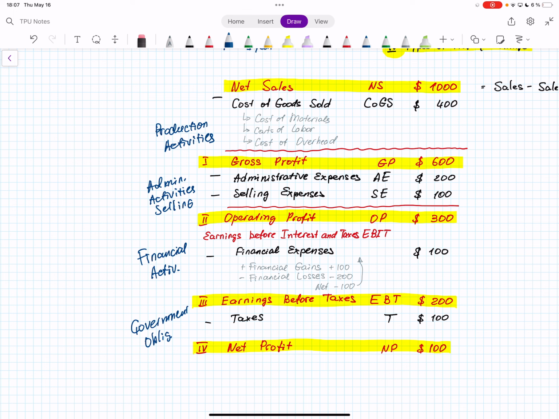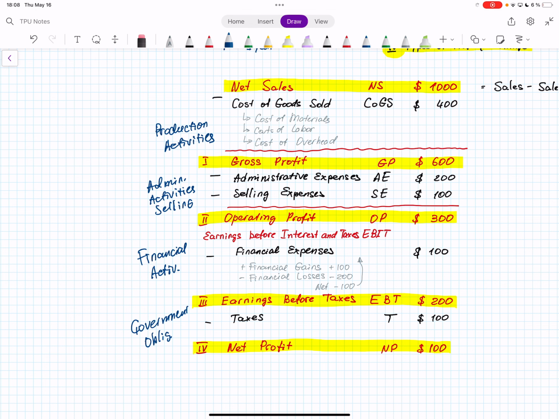Right? If I take gross profit and subtract administrative and selling expenses, I get operating profit. Or second, I can take net sales and subtract cost of goods sold, then administrative expenses, then selling expenses, and I get the same operating profit. Because I can take 1,000 minus 400 minus 200 minus 100, I still get the 300.